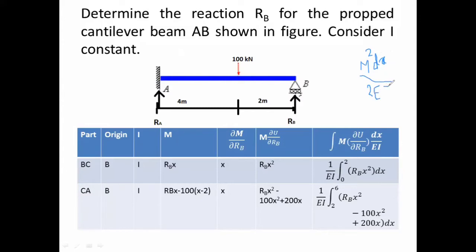M squared dx upon 2EI. Now this is our total strain energy. I have differentiated this total strain energy with respect to RB. So what will be my derivative? 2 times M dx upon 2EI.